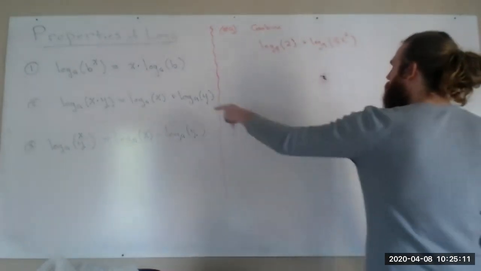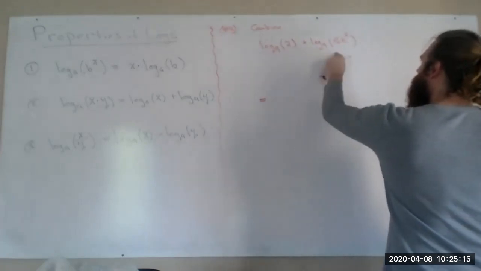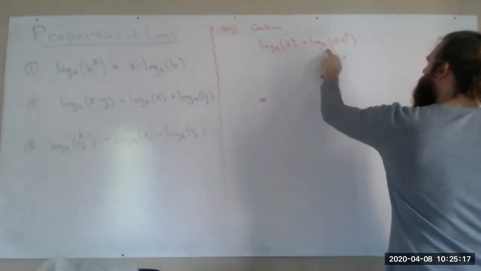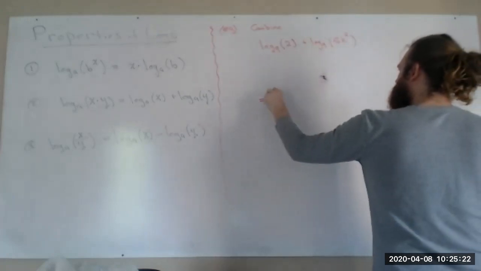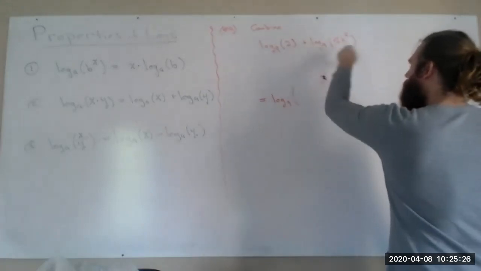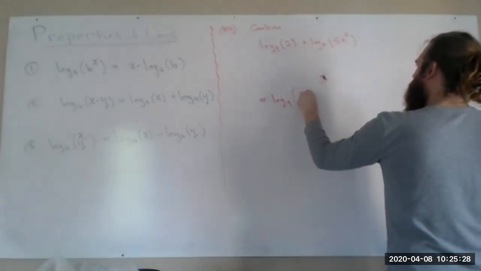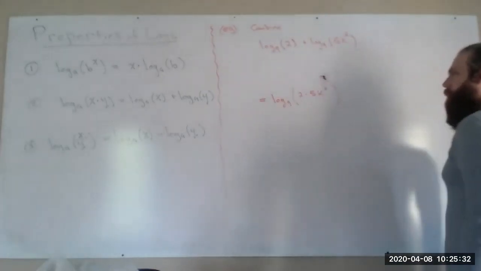So instead, I'm going to use property 2, because what I have here is 2 logs of the same base, both base 9, being added on the outside. That means that's the same as the single base 9 log of the insides multiplied. Like this.